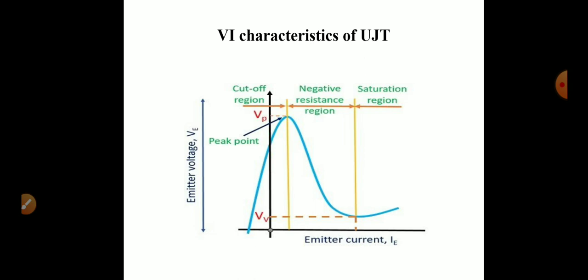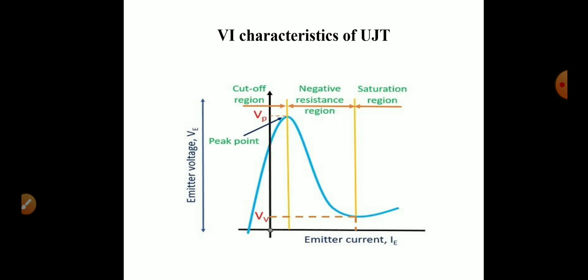When the emitter voltage is less than the peak value, up to VP equal to eta VBB plus VD, at that time IE equals 0. Here the IE is marked to the left of the origin. So the cutoff region is the region at which the emitter current is approximately equal to 0.